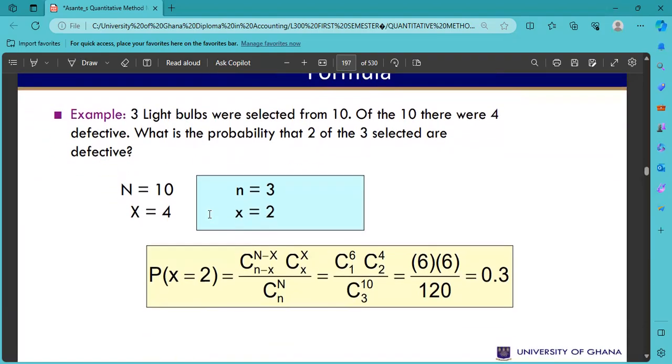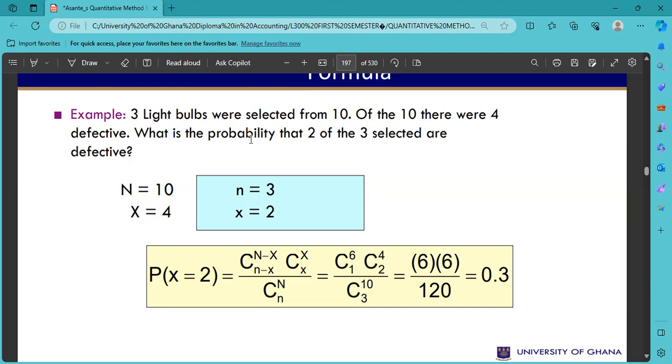So they gave us an example here. Three light bulbs were selected from 10, right? Out of 10 light bulbs, they selected 3. Of the 10, there were 4 defectives. So there were already 4 defectives in the 10 bulbs before they took 3.